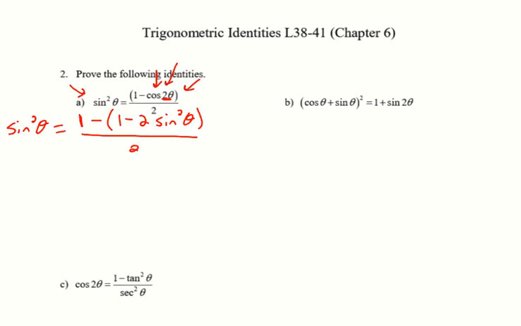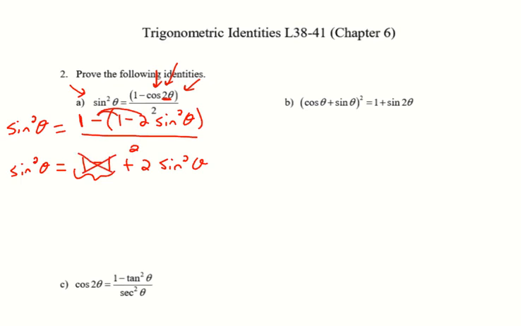Now let's clean it up a little bit. Sine squared theta is equal to, the negative on the front I'm going to distribute into both terms. So we've got 1 minus 1, and then plus 2 sine squared theta, all over 2. 1 minus 1 is 0, so they go away.